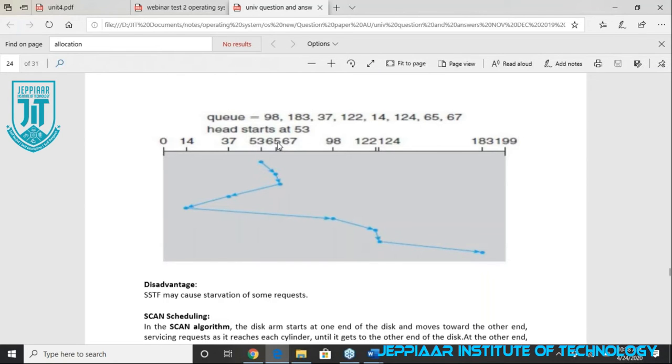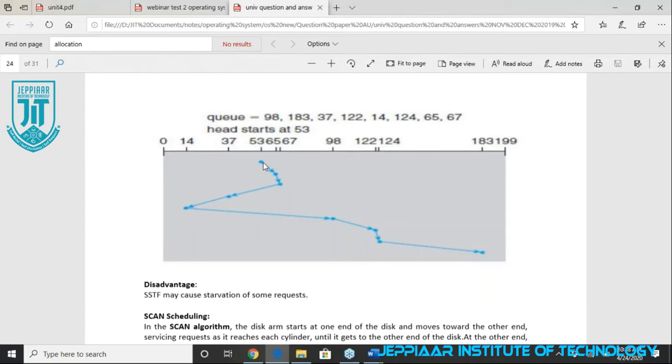From 53 either I can go to 65 or 37. Now I have to calculate the difference between 53 and 37, and between 53 and 65. Which is having the lesser value?